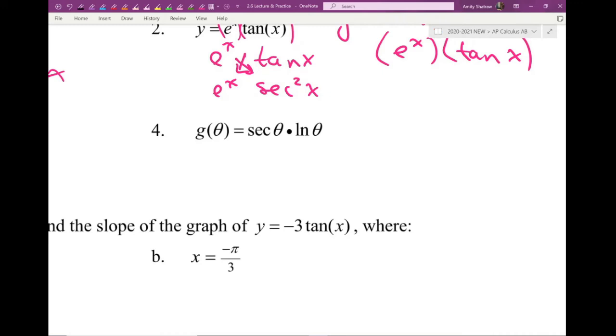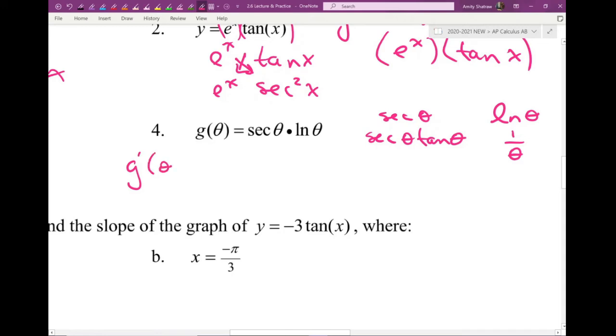So if I'm going to take the derivative of secant of theta, I will get secant theta and tangent theta, and if I take the derivative of the natural log of theta, then I will get 1 over theta, which is kind of crazy looking. All right, so g prime of theta will end up being this times this and that times that.